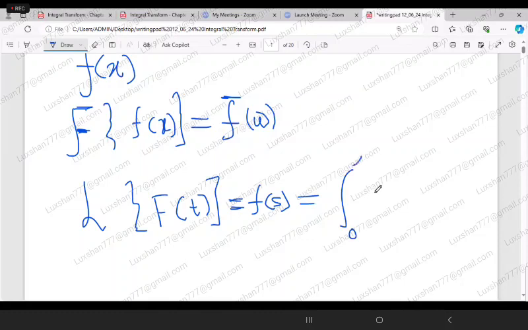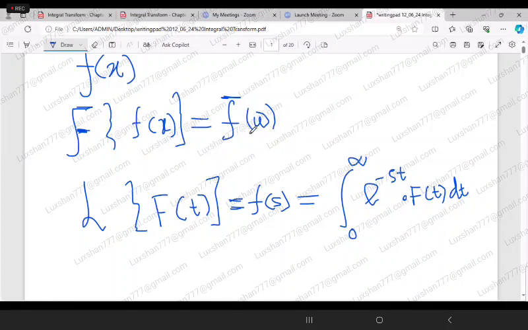Integration 0 to infinity e to the power minus st into capital F(t) dt. So here the secondary variable is s.